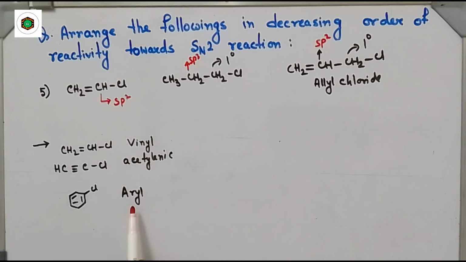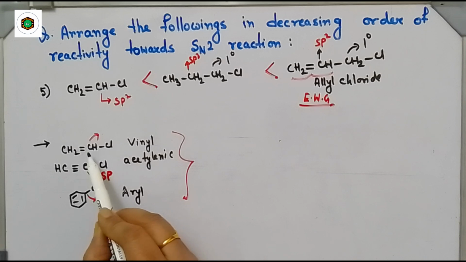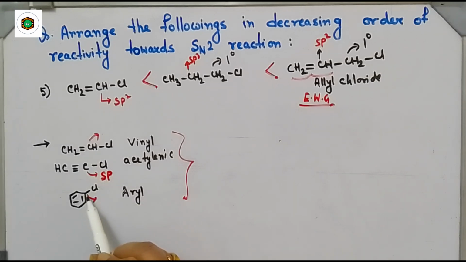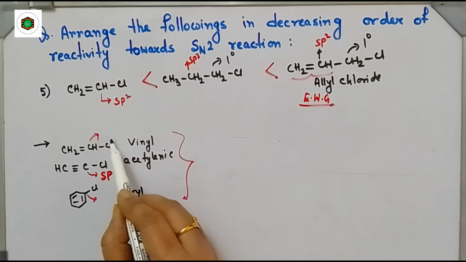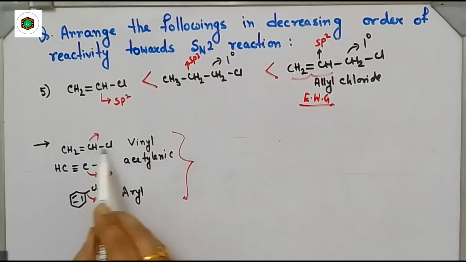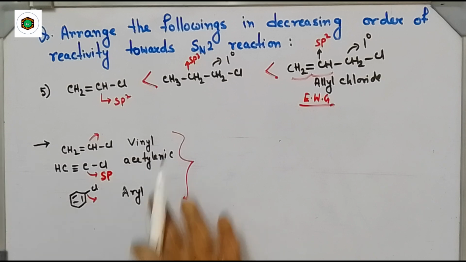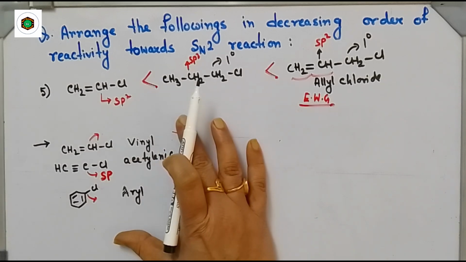Remember, all these halides are very unreactive towards the SN2 reaction. Now see, this carbon is sp2 hybridized, this carbon is sp2 hybridized, this carbon is sp hybridized. So these carbons are more electronegative. Then it is not possible to break this bond and Cl will leave with this bonding electron. It is not possible. That's why these are unreactive for SN2.